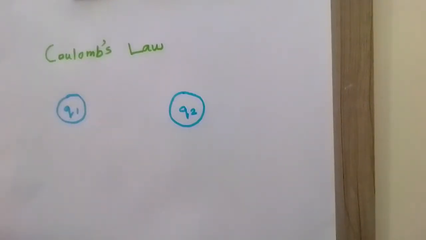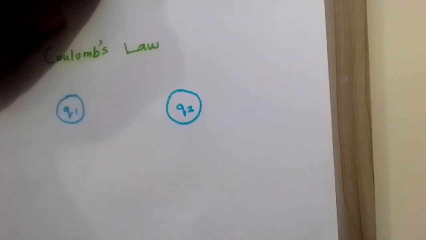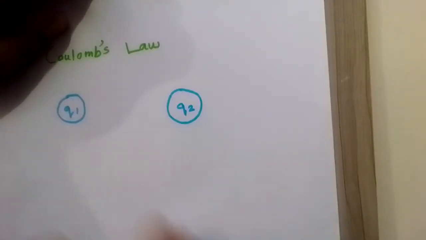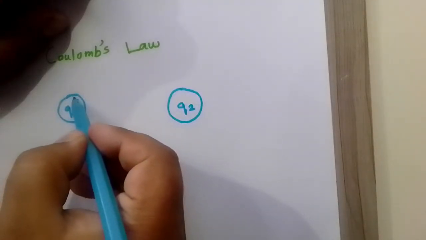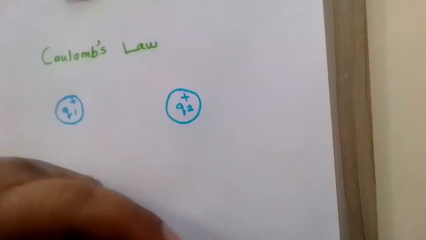Basically we have two types of charges, the positive charge and the negative charge. Let's say these q1 and q2 both are positive charges.